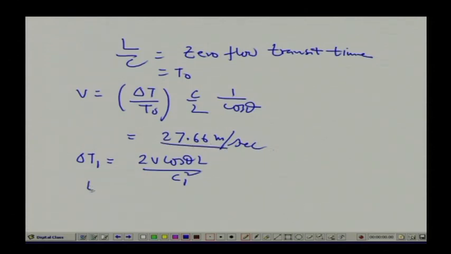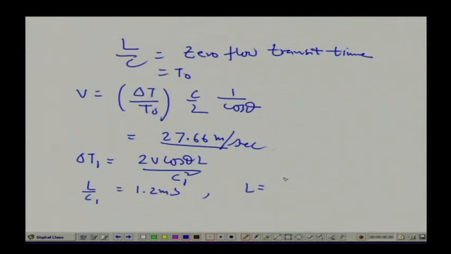So, L by C1 equals 1.2 millisecond, is it not, right, and L I can write, taking that there is no change of the velocity of sound, that means it is 500 meter per second.